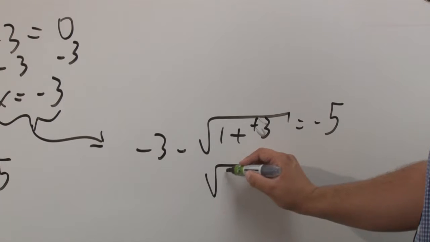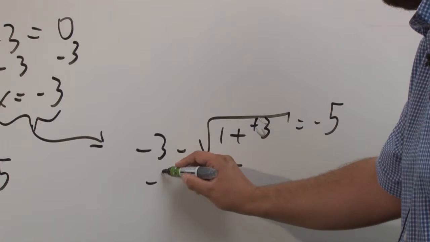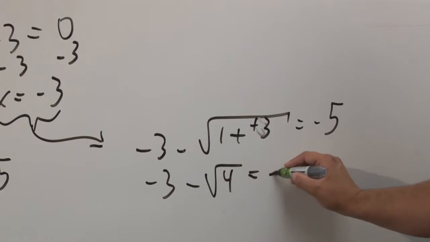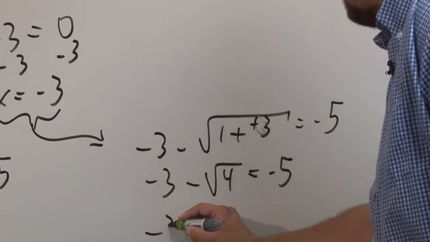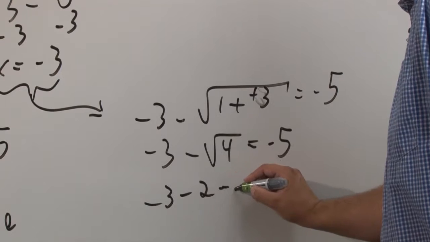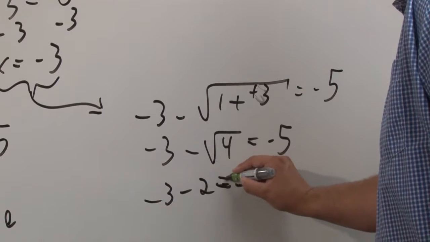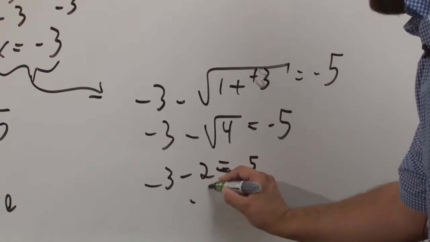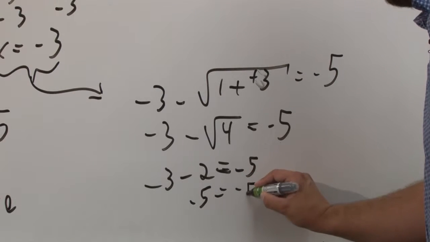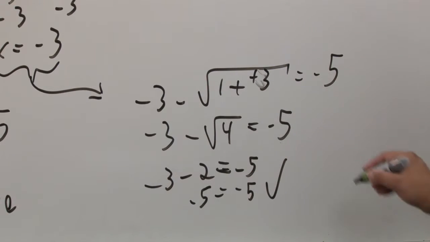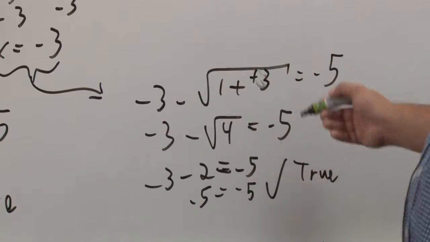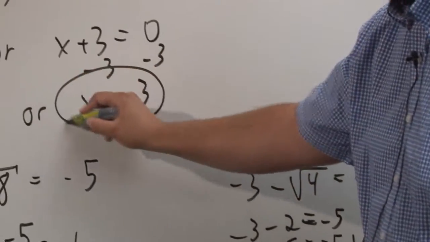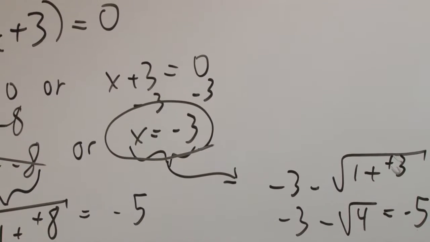We can add the square root of 4 with a negative there, with a negative 5 over here. And now that becomes negative 3 minus 2 is negative 5. And that's true, because negative 5 is indeed negative 5. That checks out. So that's a true statement, which means that this is our only answer that actually works, and that's what you would report as your answer.